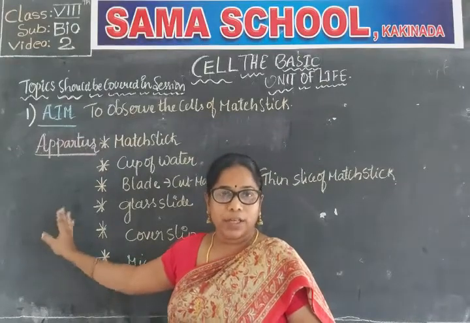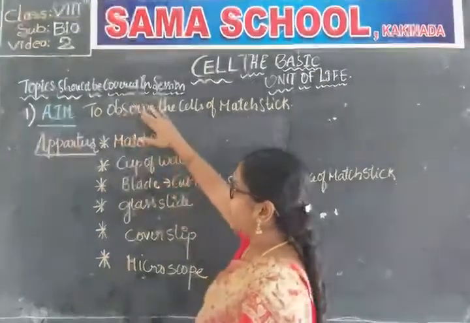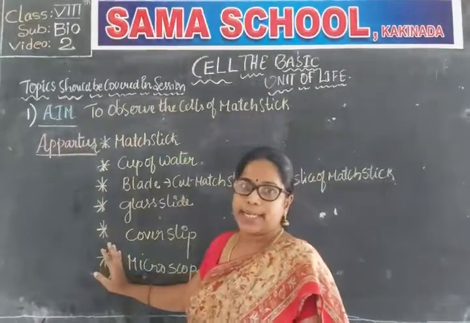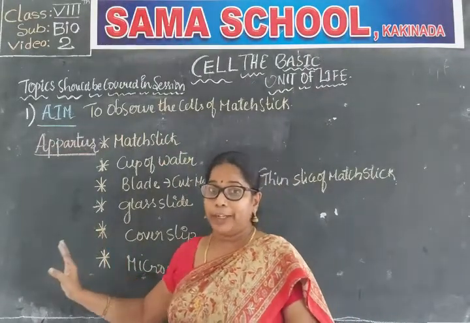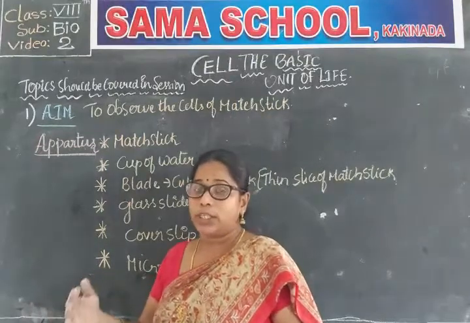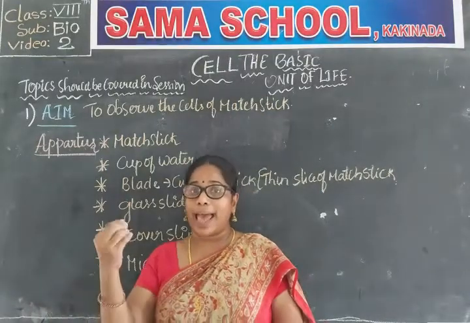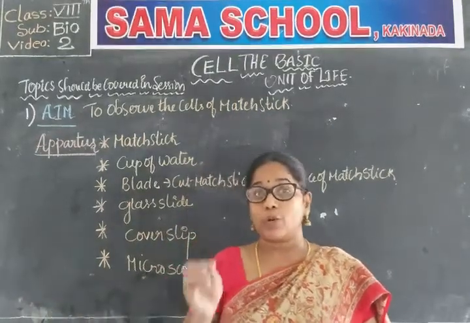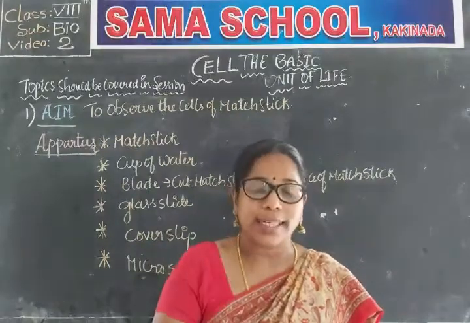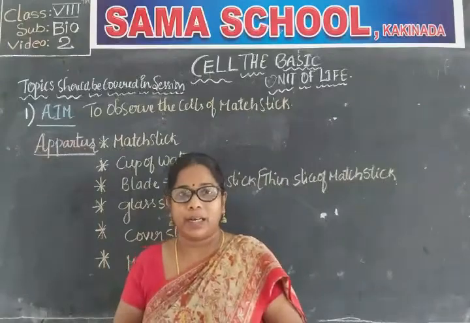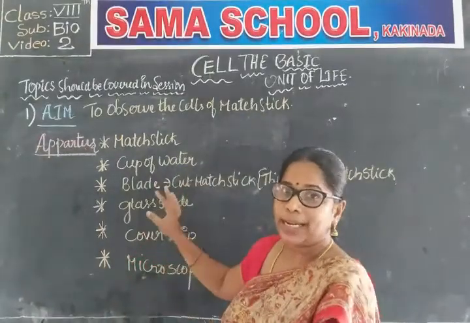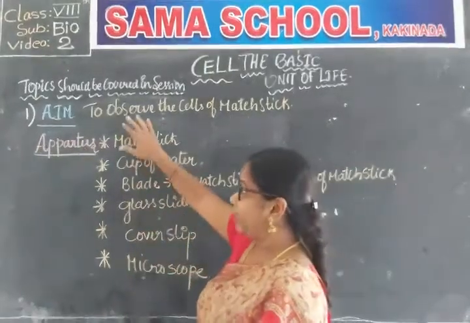Children, you have to know what our aim is and what apparatus is required. In our summative 1 and summative 2, generally they will give the aim and ask you to write the apparatus. That is the reason I am differentiating everything very clearly whenever I explain the lesson. So what is our aim?